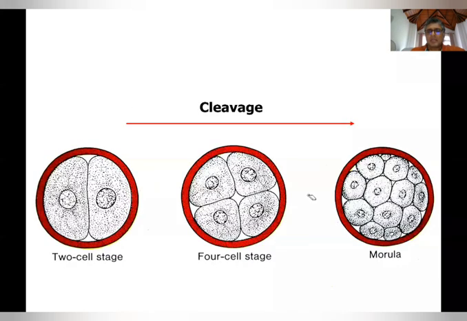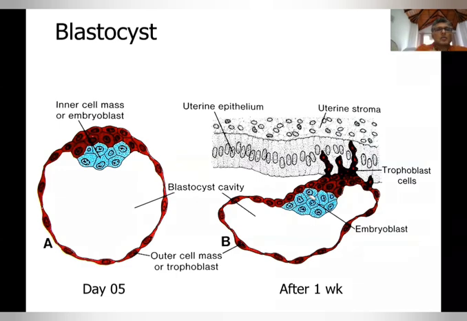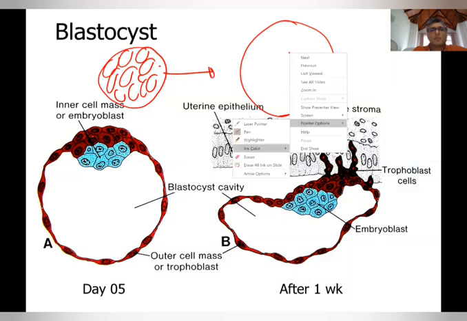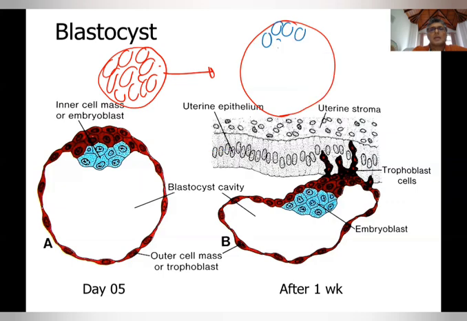Okay, then what happens is this morula, this cell ball, changes. So I'll draw it here because this is a diagram. If this is the morula, all filled with cells inside, this further enlarges and forms a cell clump here.